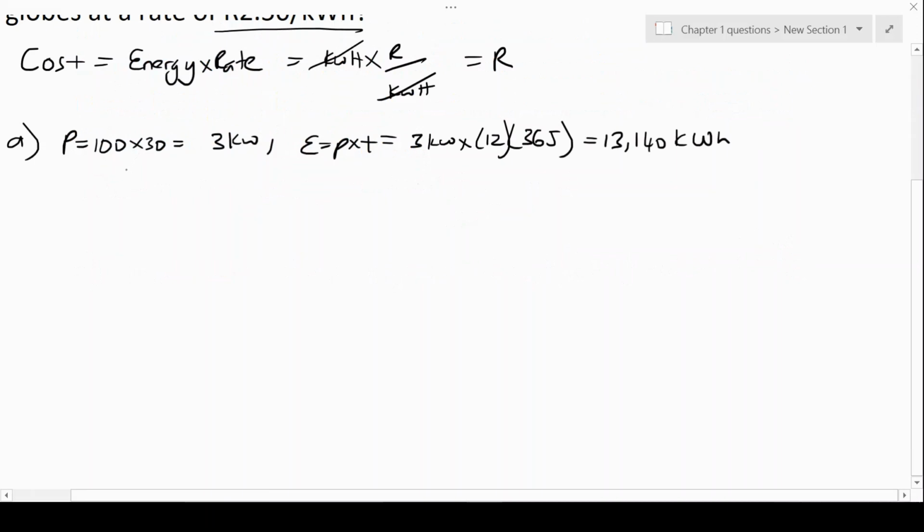And what will the cost of the first scenario be? We know that the cost is going to be given by the energy multiplied by the rate. So that will give us 13,140 kilowatt hours multiplied by 2.5 rands per kilowatt hour.